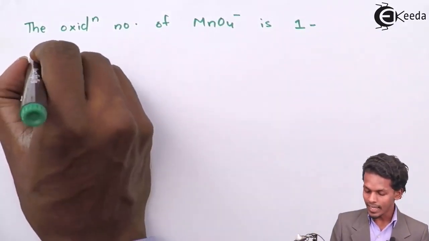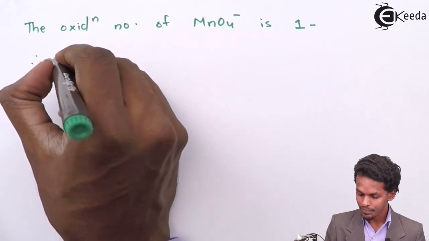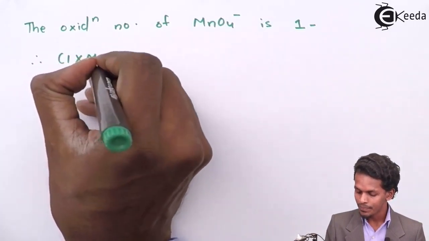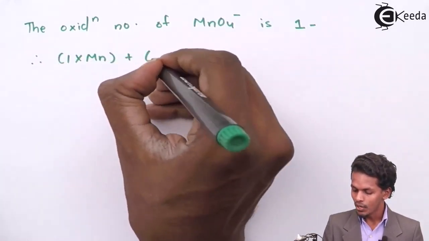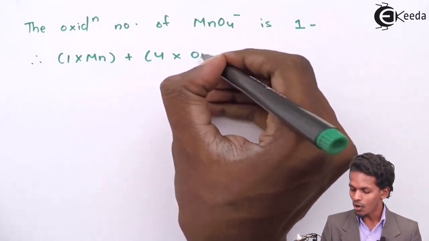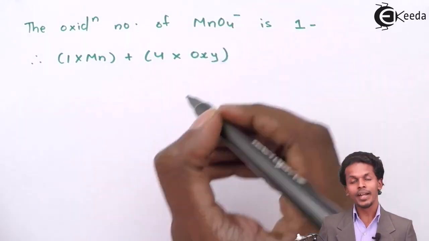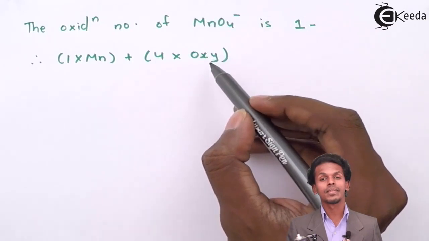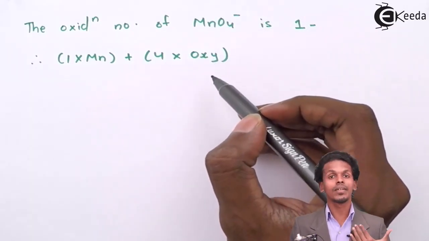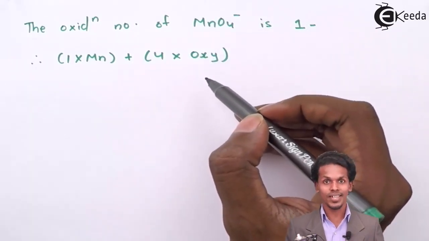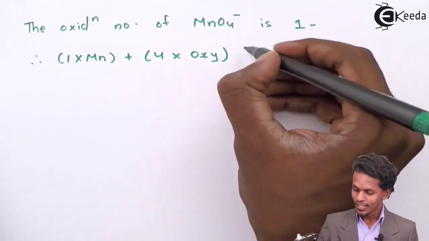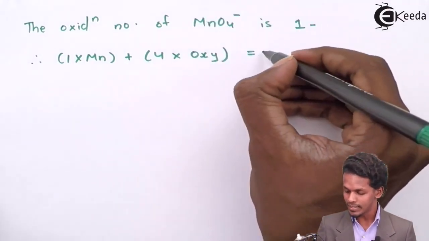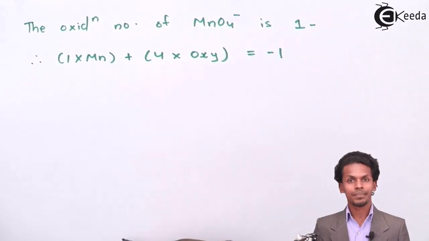So I can evaluate this as 1 into Mn plus 4 times that of oxygen. I am writing it as oxy so that you do not confuse the oxygen atom with zero, because it might be very confusing. And the overall charge present is -1.